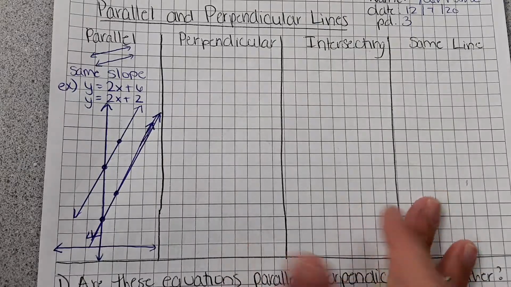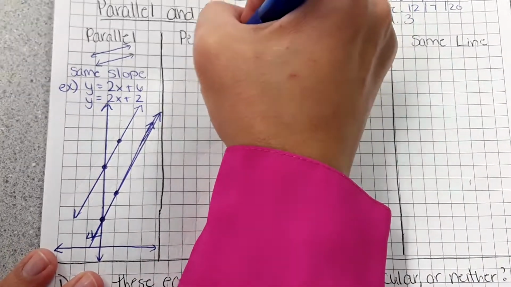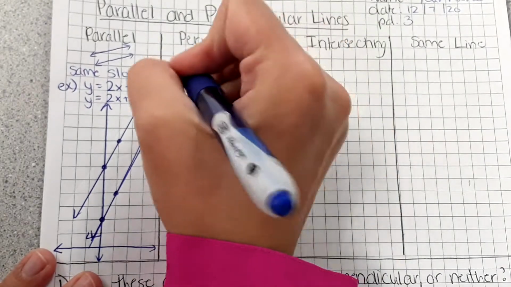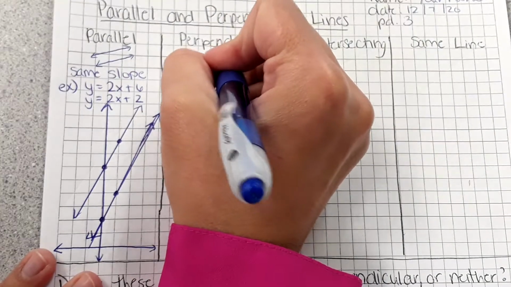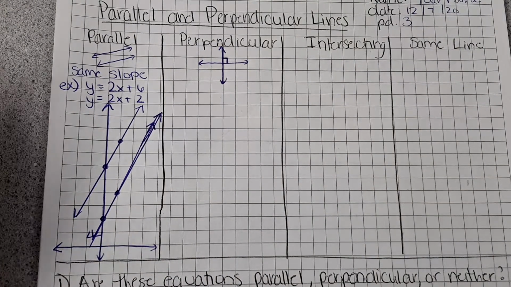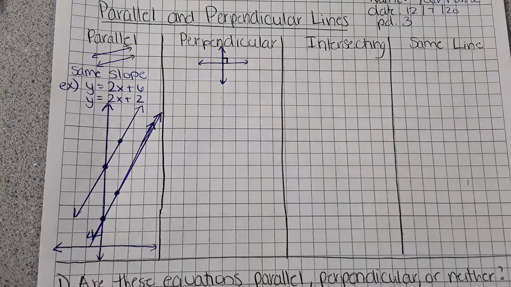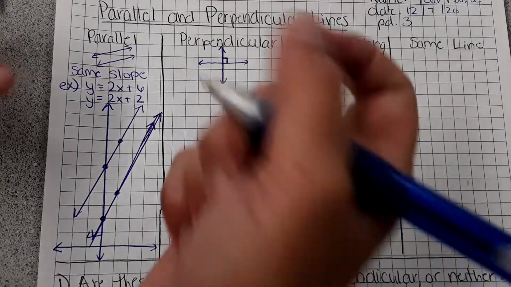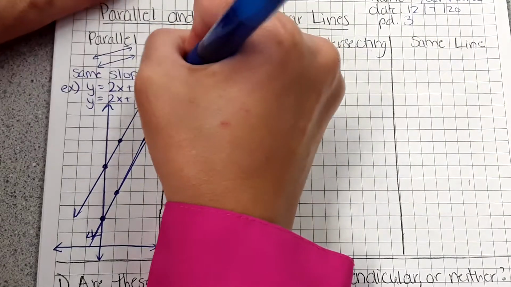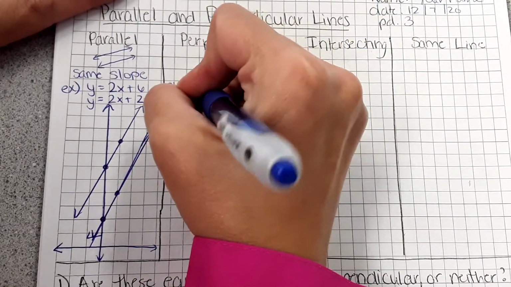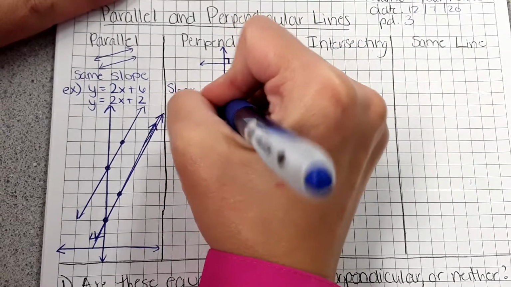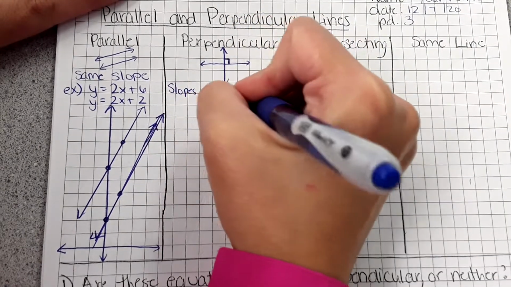Okay, and then perpendicular, as you may remember, is just when you have two intersecting lines that form a 90-degree angle when they intersect. And the slopes of perpendicular lines are negative reciprocals.